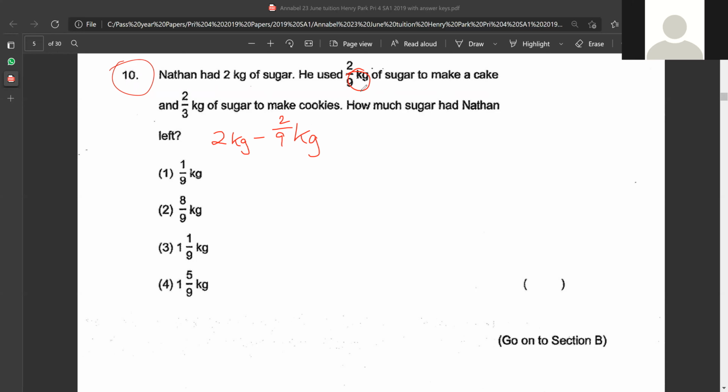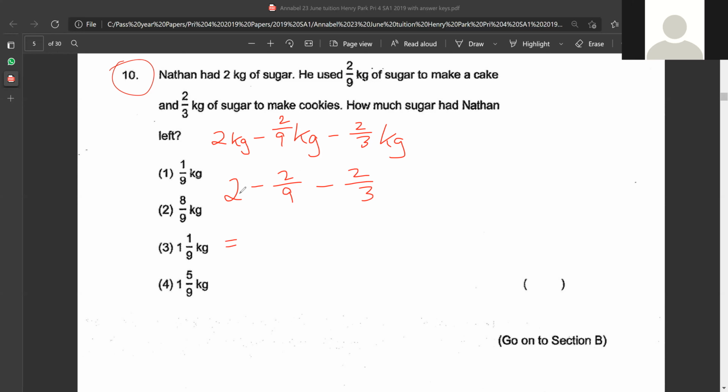You understand why quantity? Because there's a unit there. So this fraction is a quantity, it's not a fraction. 2/9 kg of sugar to make a cake and 2/3 kg to make this. How much does he have left? So it's basically 2 minus 2/9 minus 2/3.